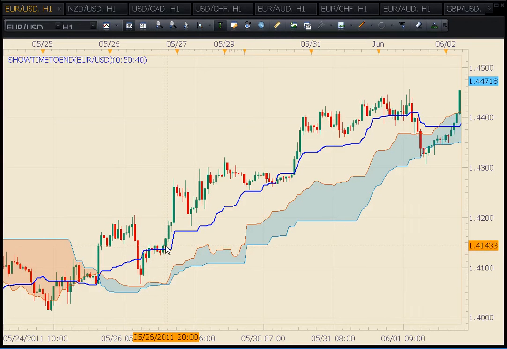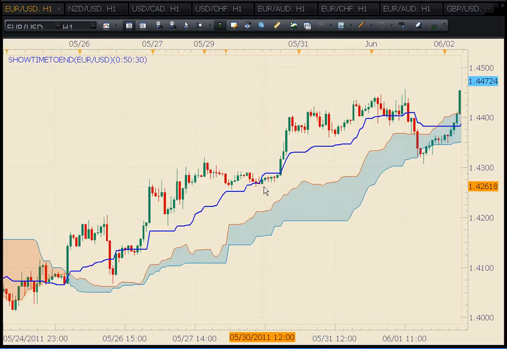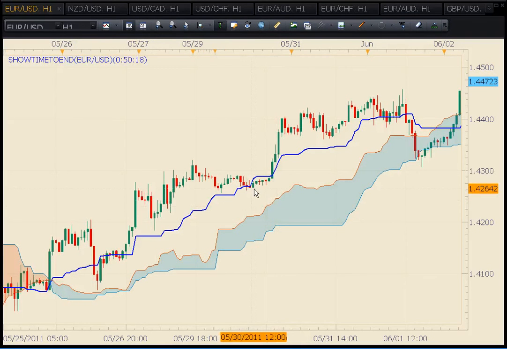And then we ride this and ride it and ride it until it breaks the Kijun on the other side. If it breaks on the other side of the Kijun, then you can close your order. You can take your profit and close your order. That'll be your exit sign, or else you can wait for it to go to the other side and break the cloud. But I like to get a break of this Kijun, and then I'm out.